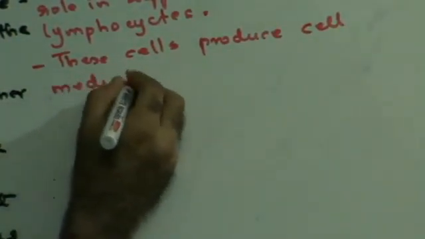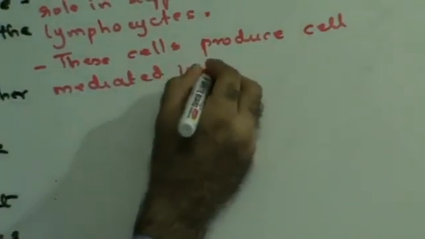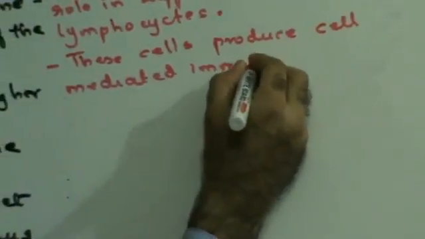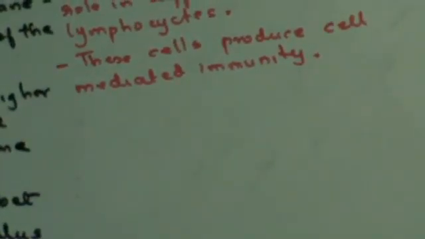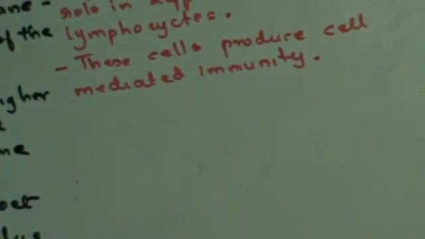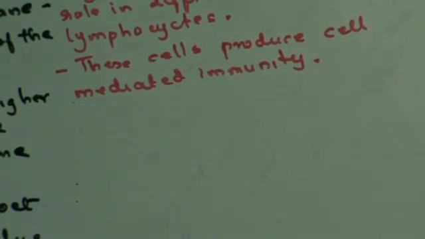So your T lymphocytes, which produce cell-mediated immunity, are differentiated with the help of the thymosin hormone.